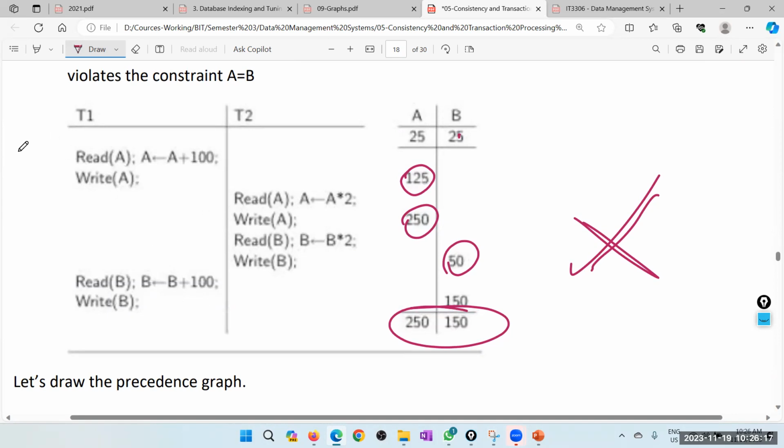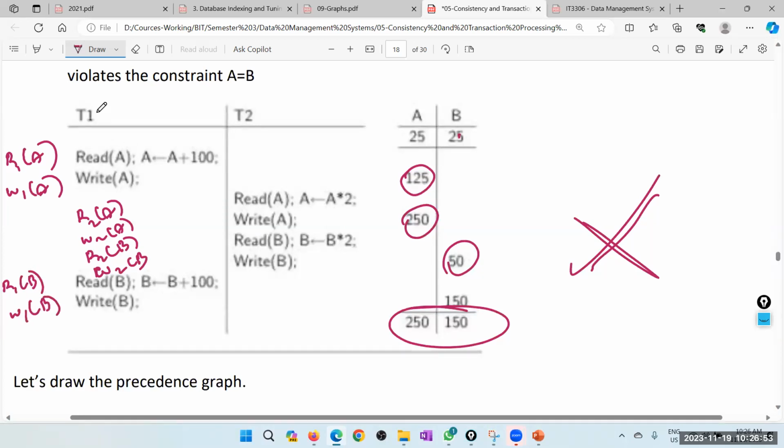So now this is read 1A, write 1A, read 2A, write 2A, read 2B, that is transaction 2, read B, and transaction 2, write 2B, and again we are coming back, read 1B, write 1B, and let's see what are the possibilities.